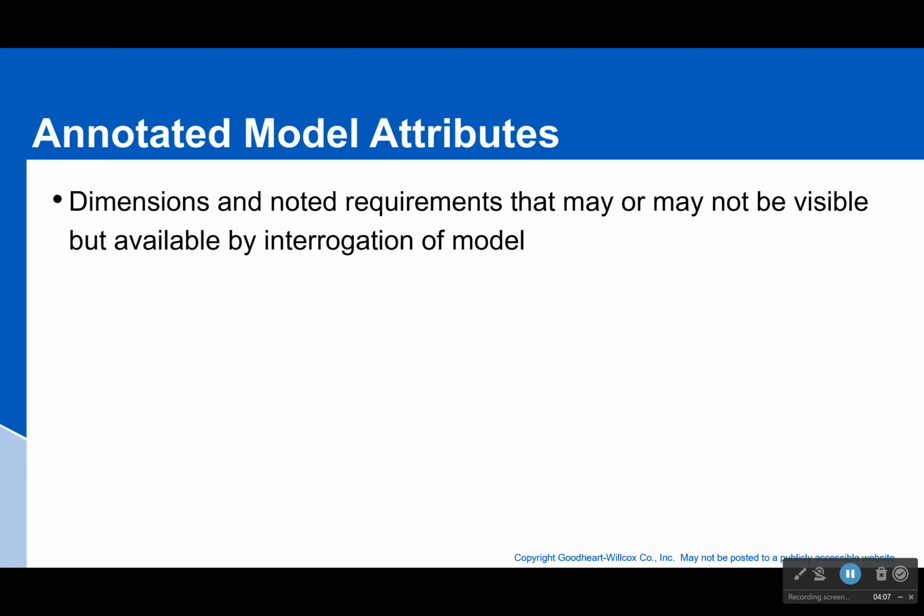Okay, and finally our annotated model attributes. Dimensions and note requirements that may or may not be visible, but are available by interrogation of the model. So sometimes things are just too complex to put a dimension to, especially if you have something that looks kind of like this. Let's just imagine it's a vase, okay? It'd be very difficult for me to put all the dimensions necessary to define that vase.